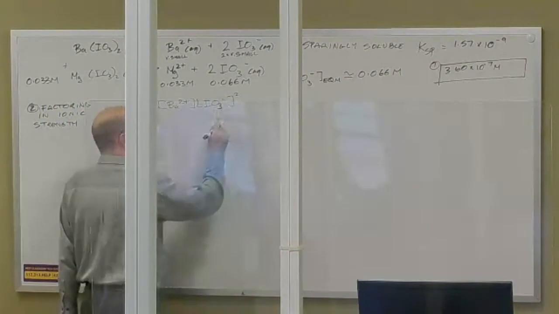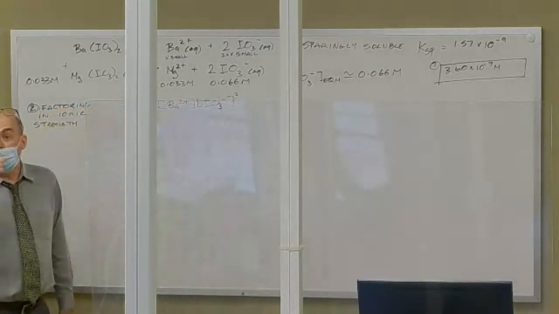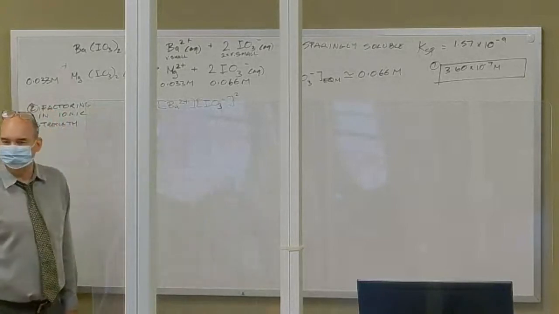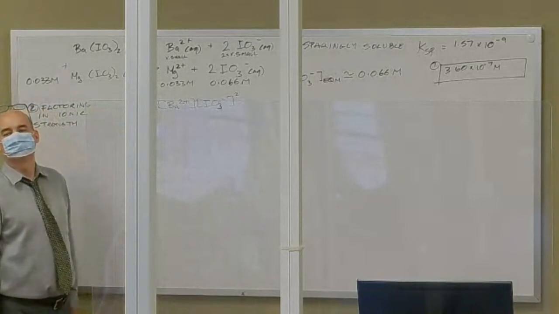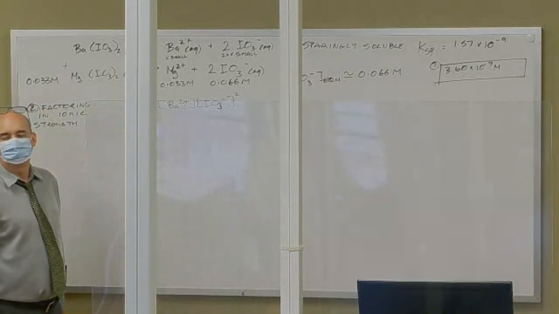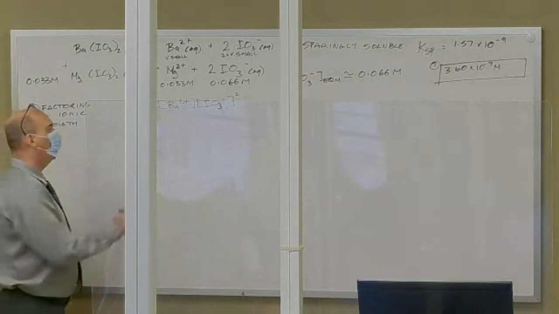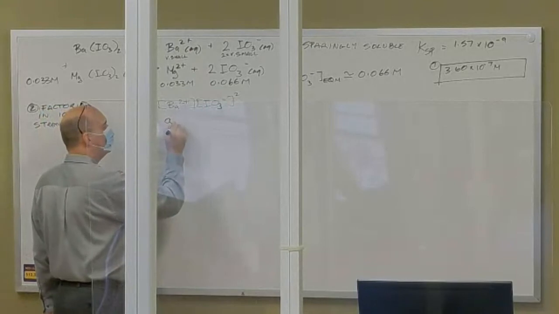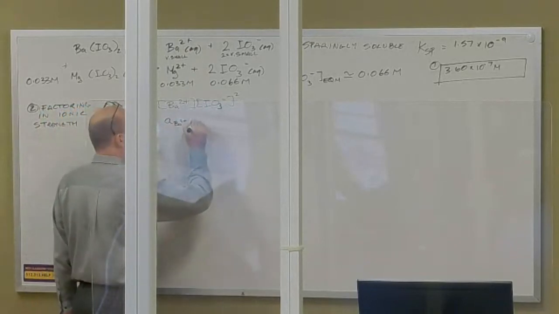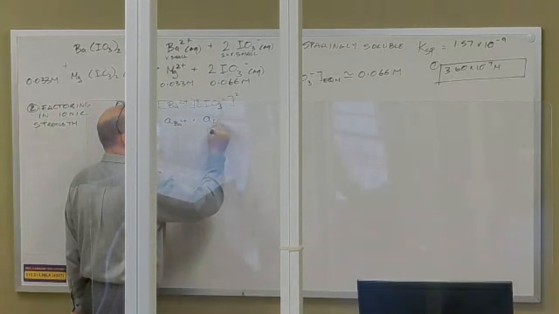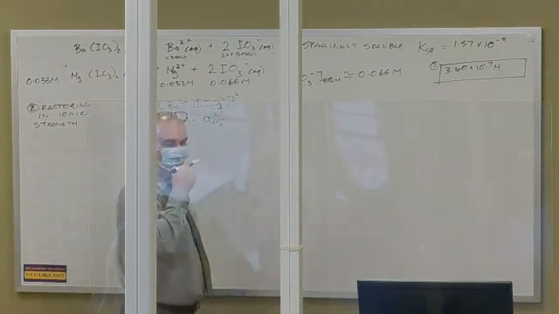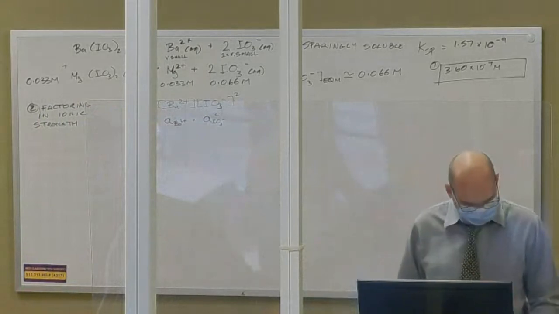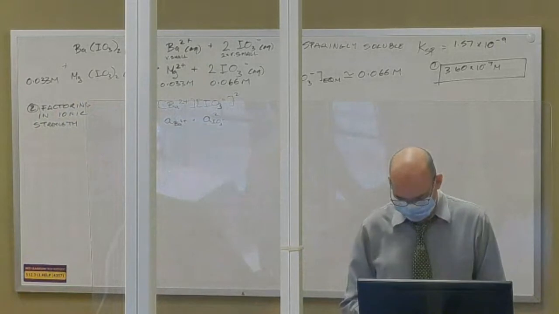Well, now that I know what I know, I have to tell the reader that that's the concentration solubility product. But I know that the real KSP is the activity of the barium times the activity of the iodate squared. The activity replaces concentration.